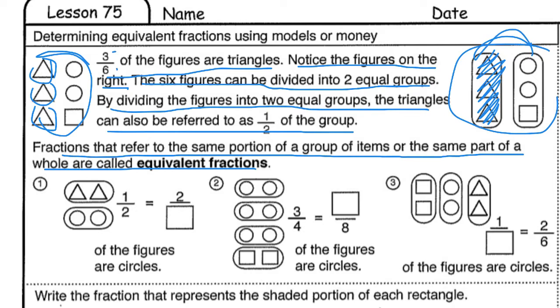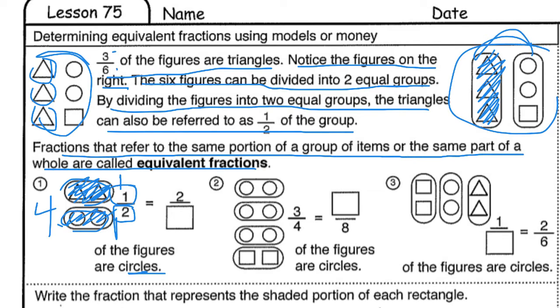So number 1, there are 2 triangles here, and there are 2 circles. So altogether, we have 4 shapes, right? We can see that when you put these in groups, these 2 right here make 1 group. The 2 circles make 1 group. So what you have is 1 out of the 2 groups are circles.